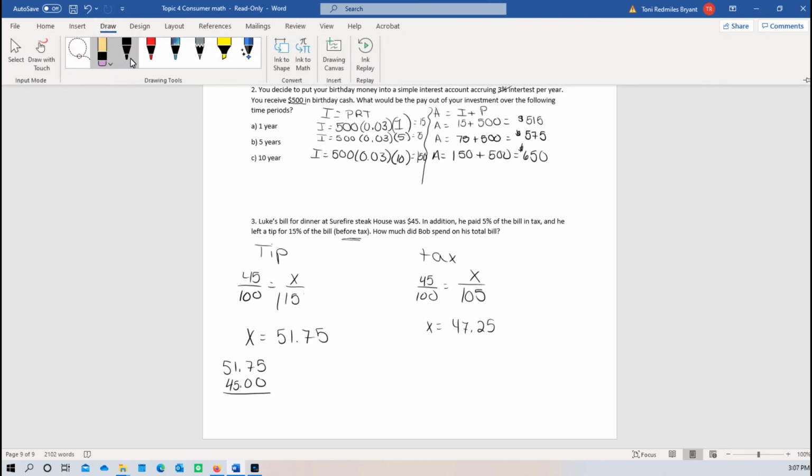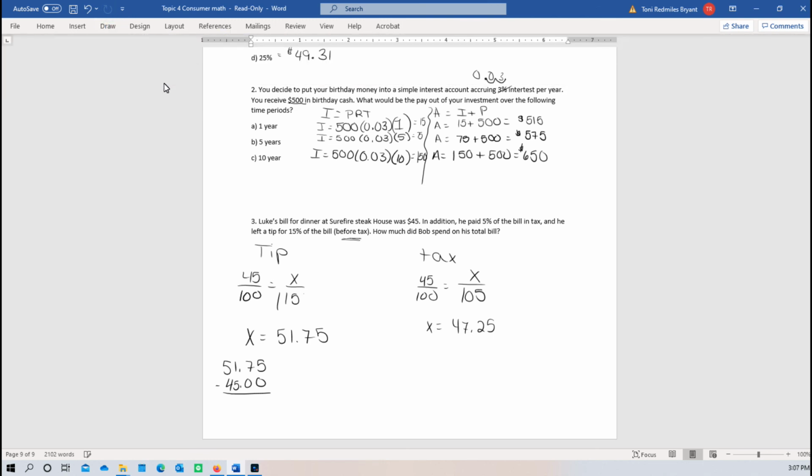I need to subtract, right? Because I need to find the difference. So that means I'm leaving a $6.75 tip. And for tax, I'm paying $2.25.